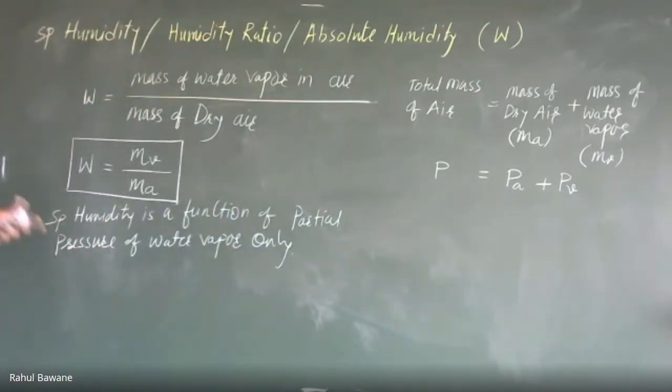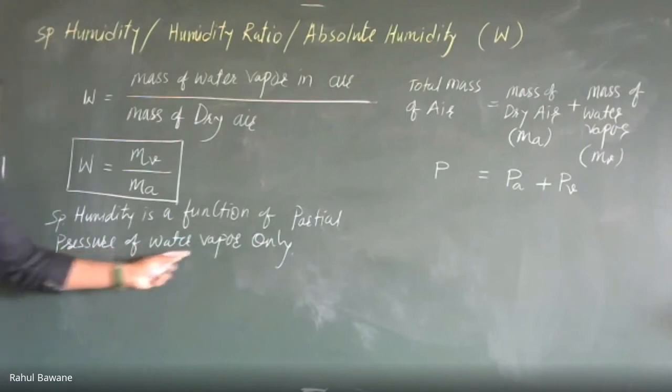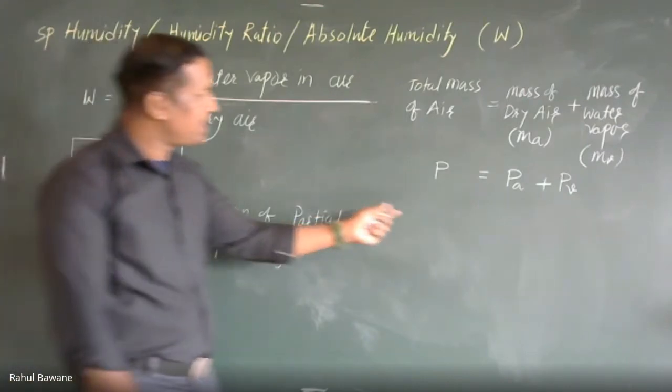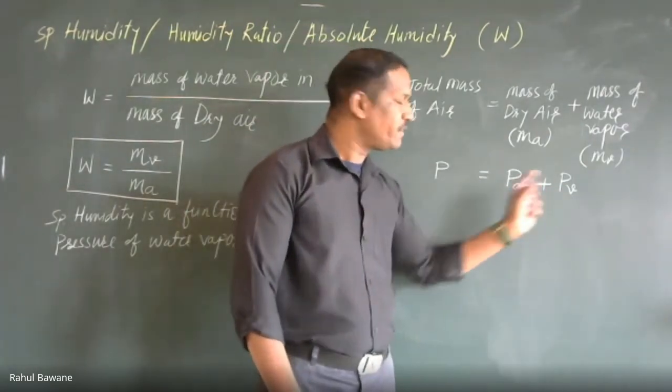Now come back to our point. We have to justify that specific humidity is a function of the partial pressure of water vapor only. And we observe here there is a partial pressure of dry air as well as water vapors.